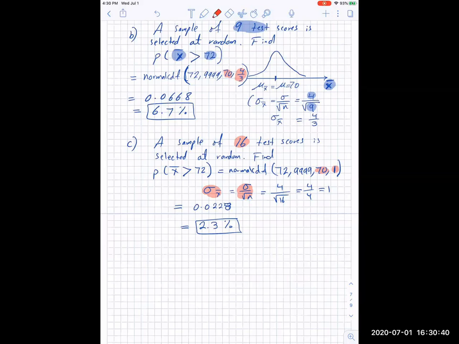Any questions, guys, on the concept of the central limit theorem?